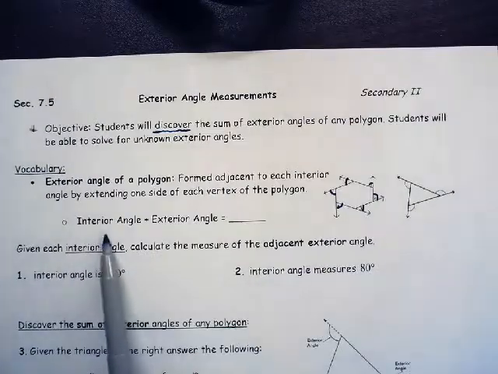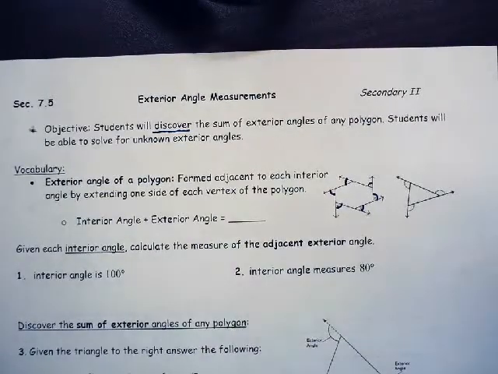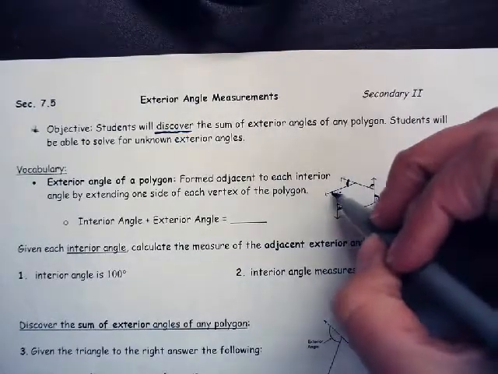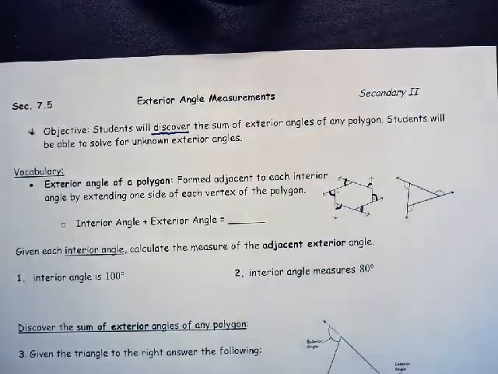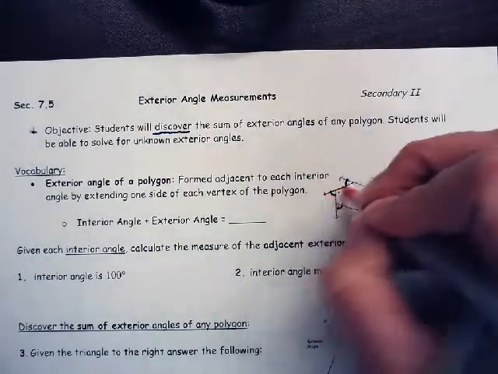If we look at this picture, each interior plus each exterior angle equals something that we already know. If we say this angle plus this angle, how am I going to know what that is? Well, they lie on a straight line.